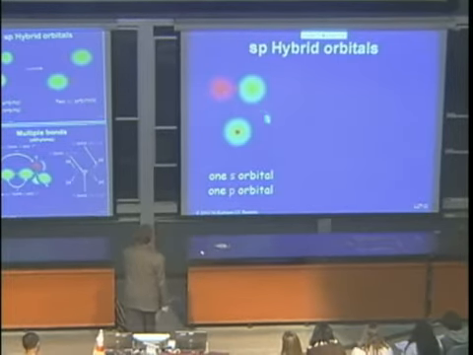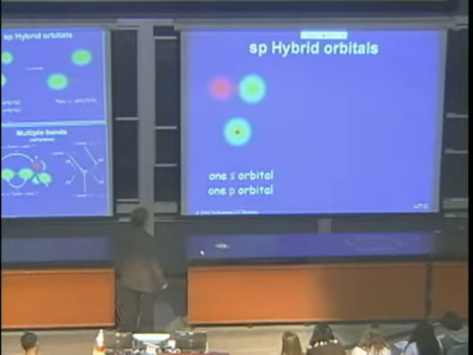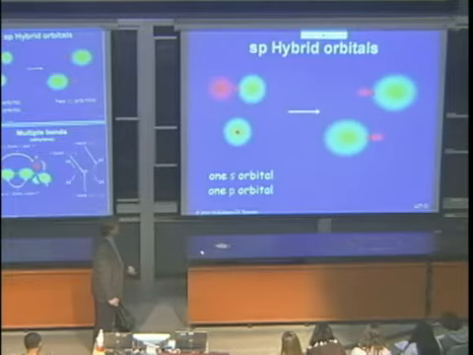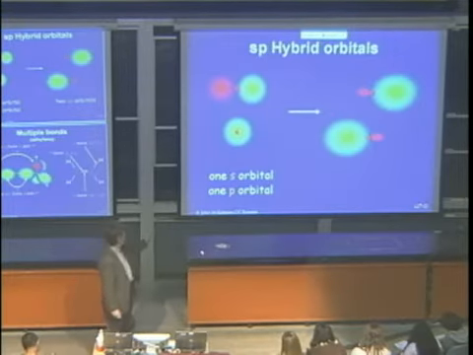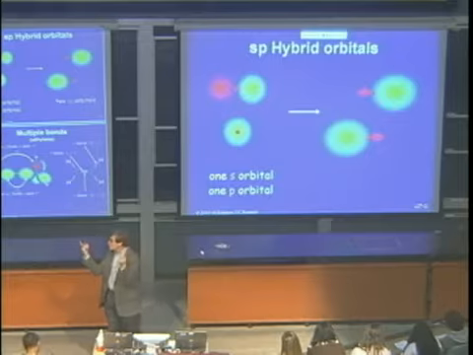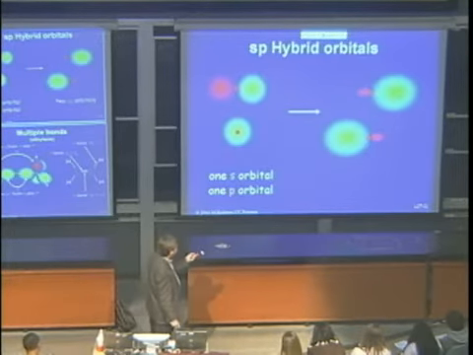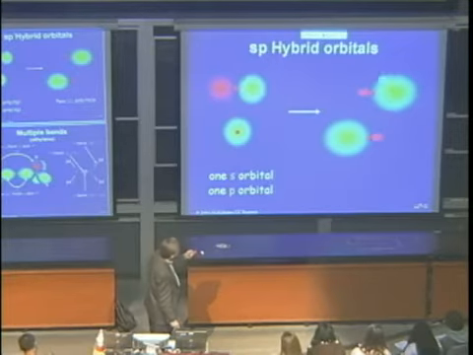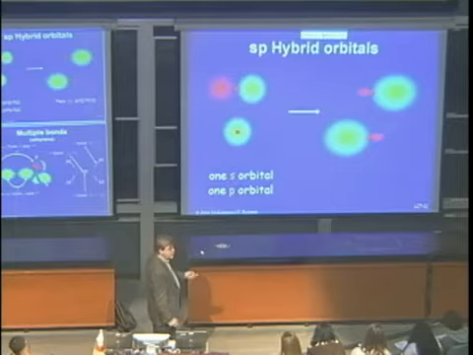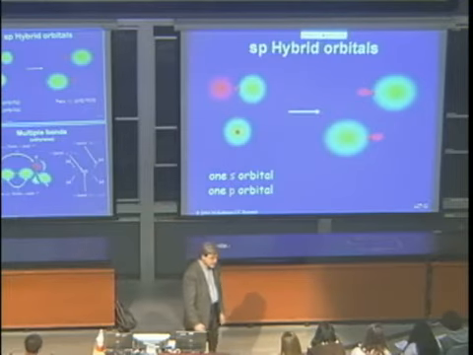So we have one s orbital and one p orbital, and now we make sp orbitals. Of course, we have two orbitals, so we need to come up with two sp orbitals. And these are the phases here. This is your central atom. One points in this direction and one points in that direction. With this, now you could accommodate steric number 2 easily.